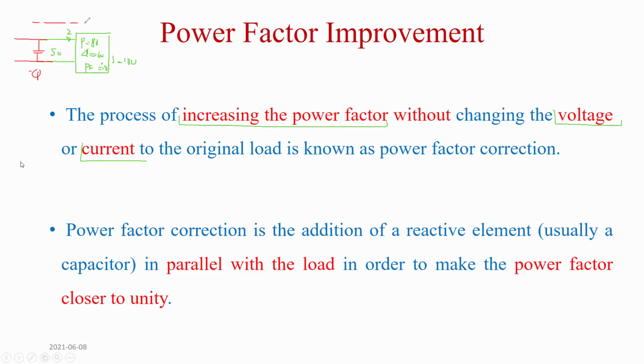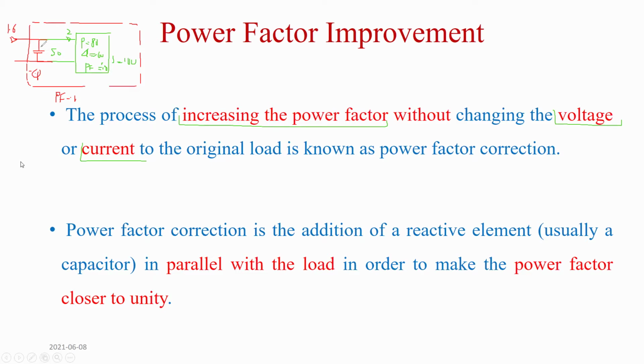So these together, the load and the capacitor, will have an improved power factor. Say power factor equals 1. Not the load only, the load with the capacitor. The current here is the one reduced, 1.6. So the load current is still the same. The load voltage is still the same. Q, P, and the load are still the same.